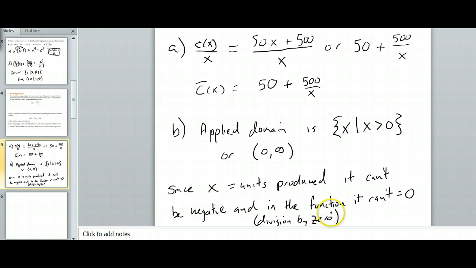Division by 0 would occur. So therefore x must be positive. Okay, so that's what we're talking about. Because it's units produced, we can't have a negative number there.